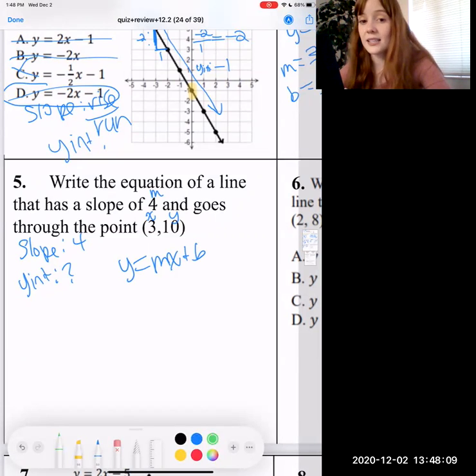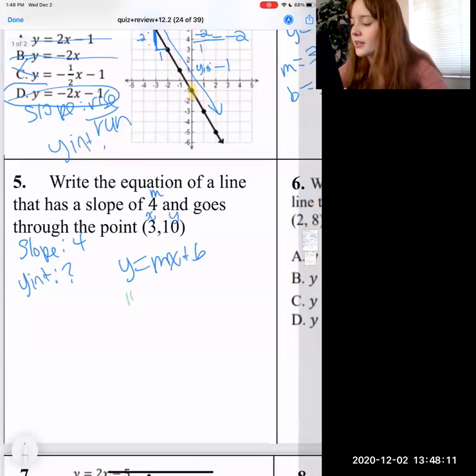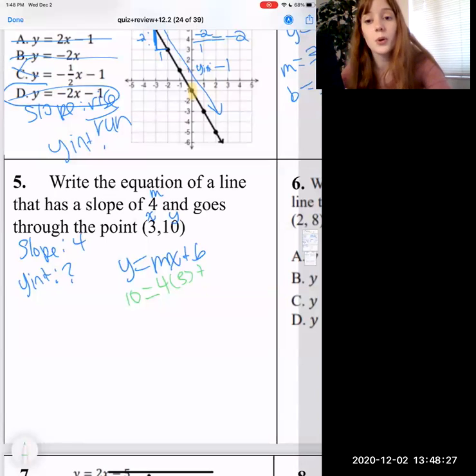So where I see a y, I'm going to replace it with a 10. Where I see an m, I'm going to replace it with a 4, because that's our slope. Where I see an x, I'm going to replace it with a 3 with parentheses around it, since it's a number next to a variable with nothing in between.